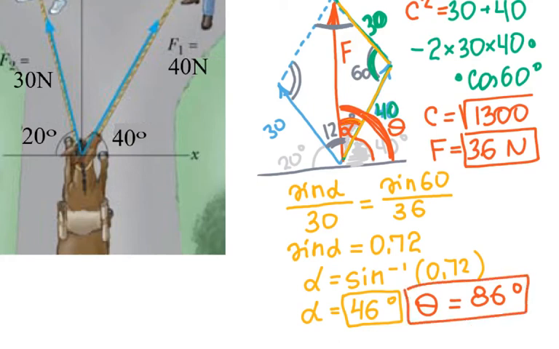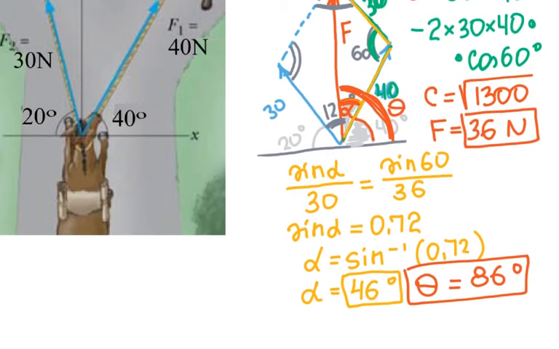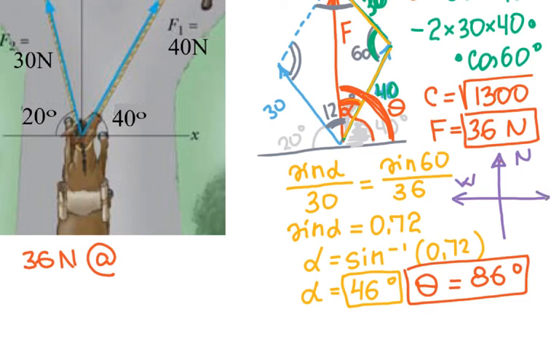But how do I write my answer? The final answer is, the resultant force is 36 newtons at, and if I think of this as my compass, where up is north, left is west, right is east, and down is south, then the angle I'm looking at is 86 degrees north from east.